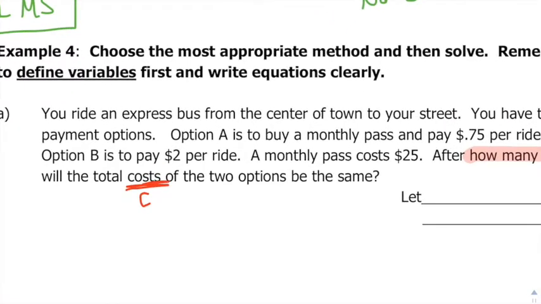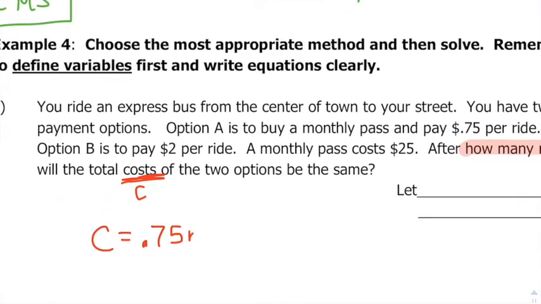Okay. So the cost for the first option, option A, is 75 cents per ride. The rides were R. But option A is if you buy the monthly pass, which we said was a one-time fee of $25. So we're going to do 0.75R plus 25.